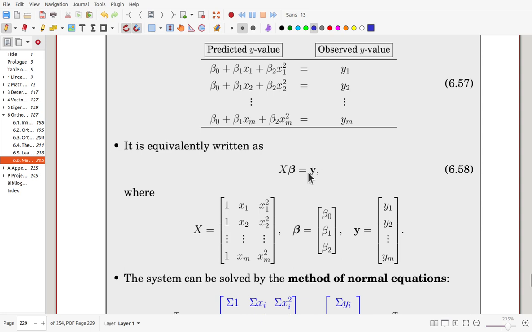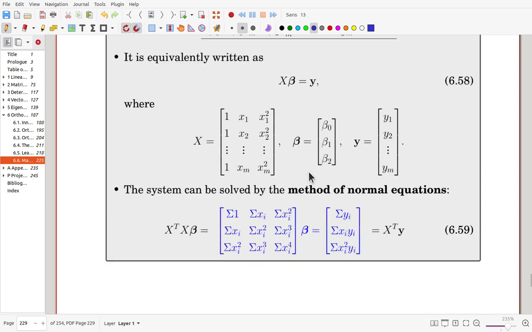Once we have a linear system, we can find the least squares solution by the method of normal equations. So we multiply X transpose in front of both sides, then we reach this formula. And you can see a pattern. The summation of 1 must be m.